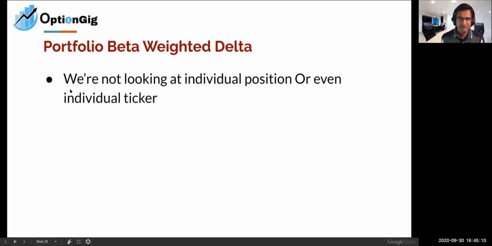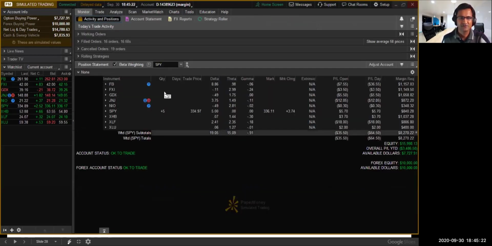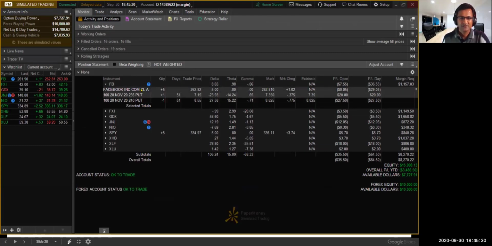Again, here we are not looking at individual positions or even individual tickers when we're looking at portfolio beta-weighted delta. Let me bring that up over in Tastyworks. If you go to your positions, these are all the positions. I got FB, and in FB I got 5 stocks.